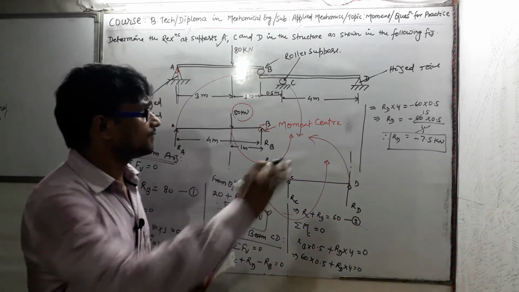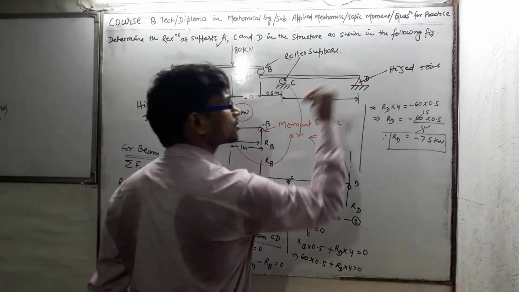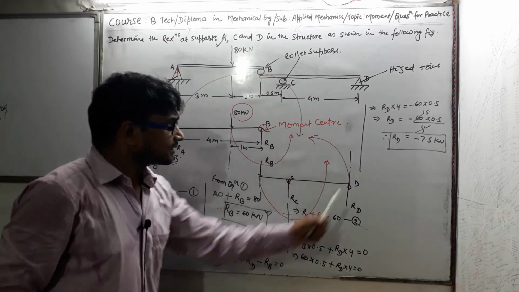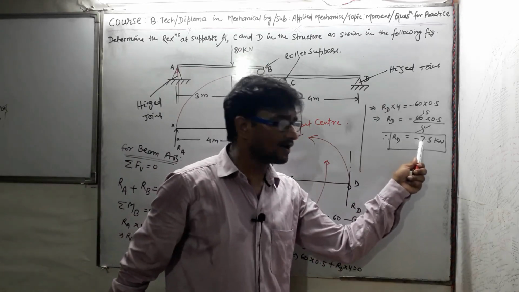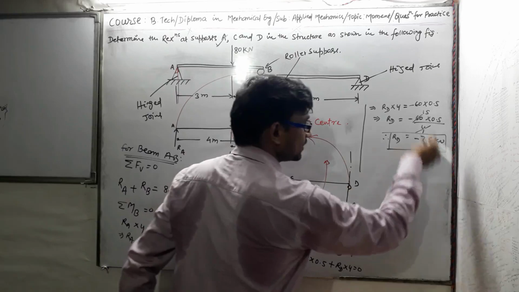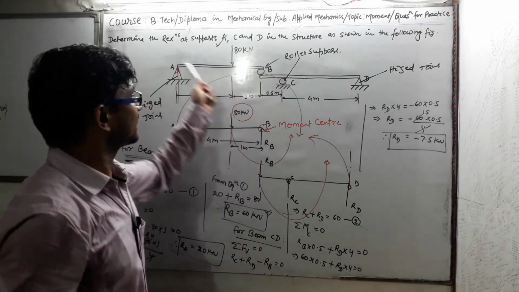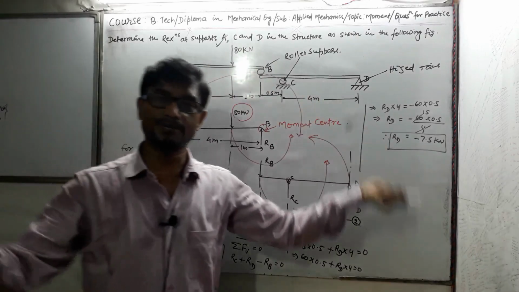It means we did not know the direction of the reaction force at point D. Since RD has a negative sign according to our choice, it must be acting in the downward direction so that the structure is in equilibrium.